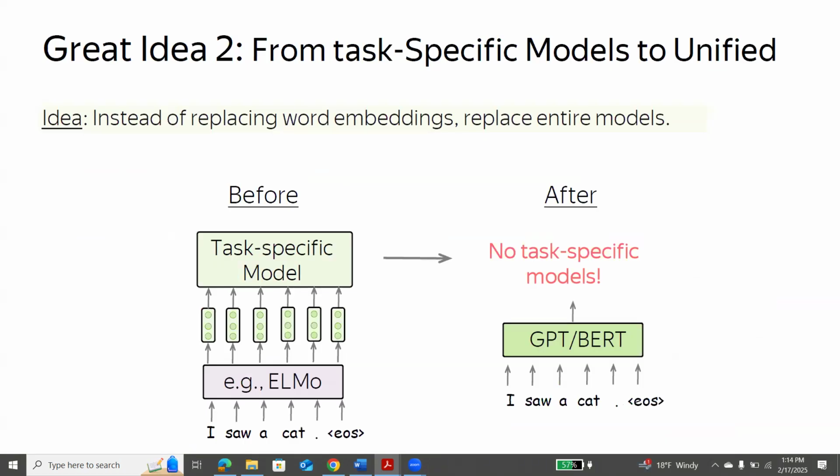If in the case of ELMo we used ELMo as input to our model, with BERT or GPT we just use this model. One model for all the tasks, for document classification, for information retrieval, for every task.